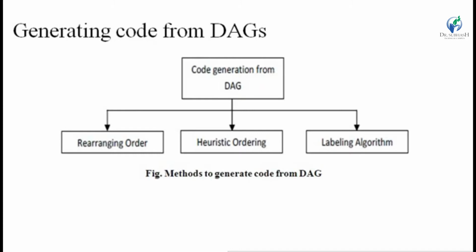In heuristic ordering, consider the interior nodes. While unlisted interior nodes remain, pick an unlisted node N whose parents have all been listed.